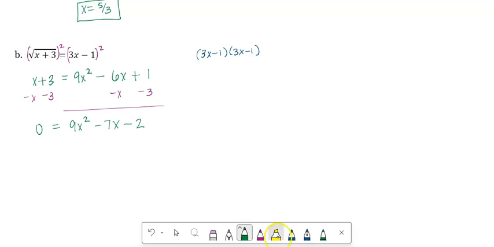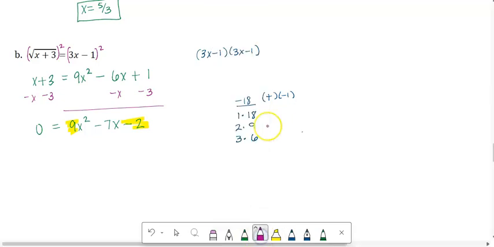All right, so let's factor. We want to take 9 and negative 2 and multiply them together. So that'll give us a negative 18. And then we want to think about the factors that we can multiply together to get 18. One of them needs to be positive and one of them needs to be negative. So it looks like to get 7 in the middle, I want to go with the 2 and the 9.